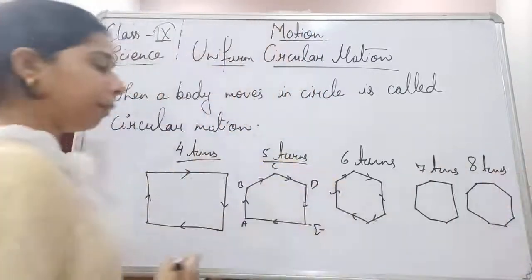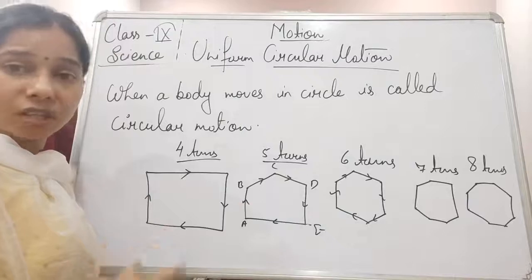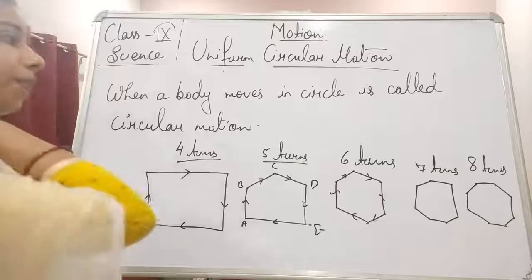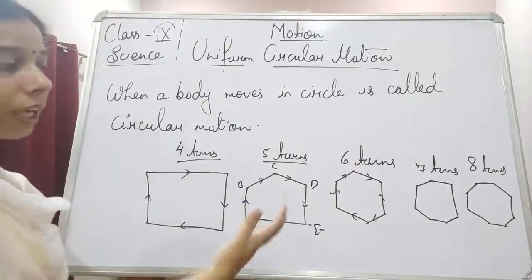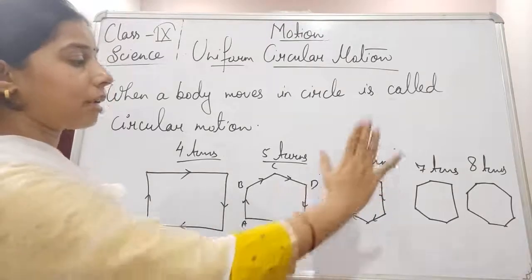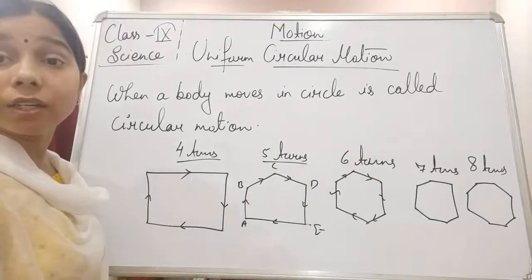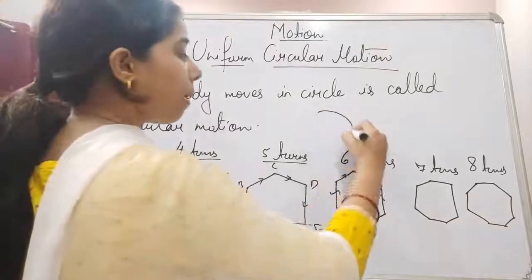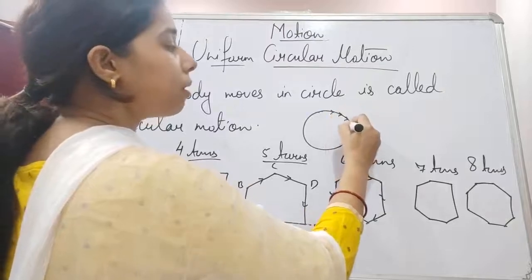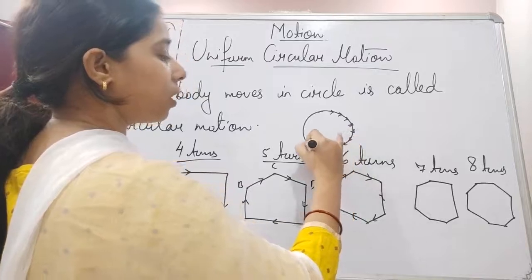Every time we change the shape, the direction keeps changing continuously. At first it was a square, then it became a pentagon, hexagon, heptagon, then octagon. So we are converting this square into a circle. It means in a circle there are numerous turns. A body which is moving in a circle is continuously changing direction.